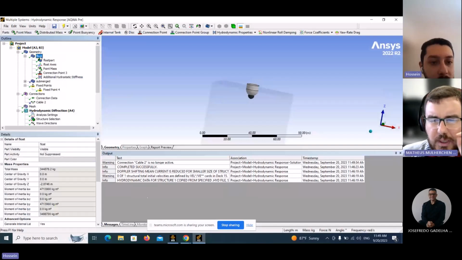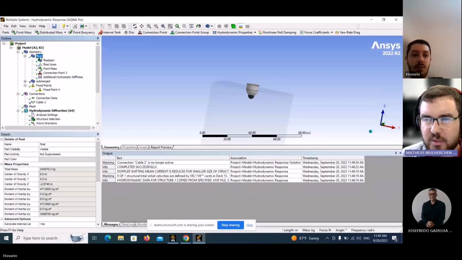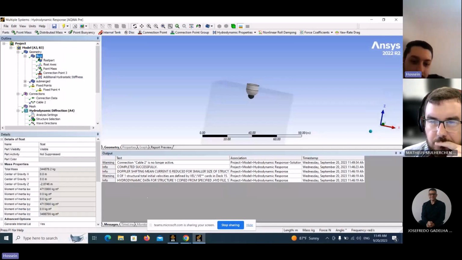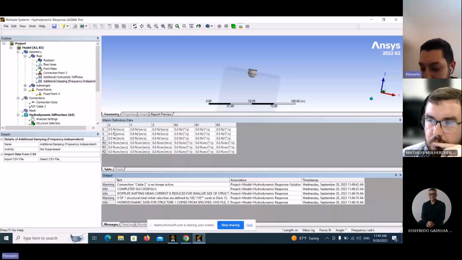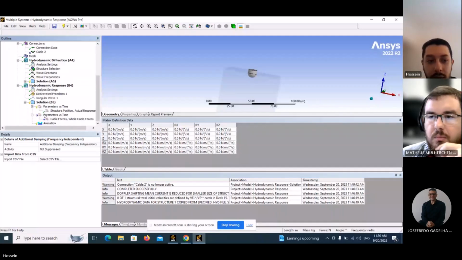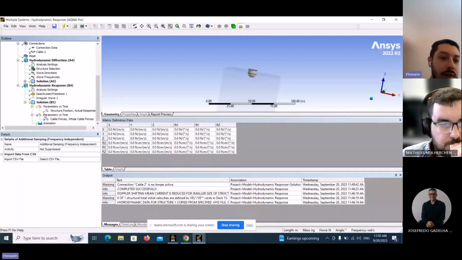Here we can model a PTO, linear PTO, power takeoff. And after we model the PTO, the results of the time domain, the motions, the velocity and accelerations, they can import it to the formula of calculating the power.